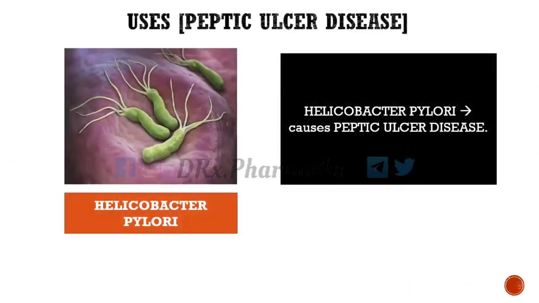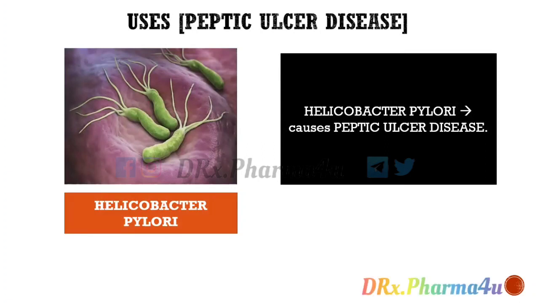Now let's come to the uses of tetracyclines. So the first use is Helicobacter pylori. This is actually an organism which causes peptic ulcer disease. So in this, as I said before, we have a lot of antibiotics which can be used. We have antiprotozoals also, metronidazole, tinidazole, which can also be used.